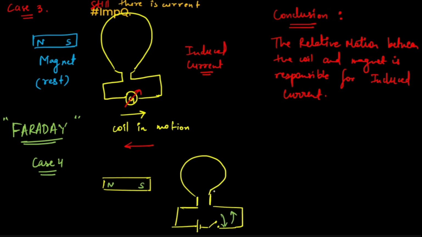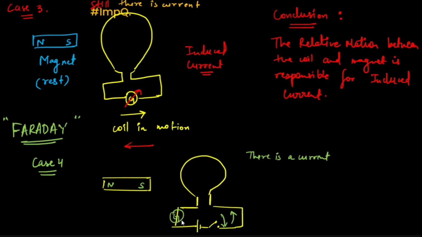that there is current, and this whole thing is connected to the galvanometer also in order to identify the current. Again, I told you about these two things, that there are two different components. One is the ammeter, the other is the galvanometer. The ammeter is a traditional device which we use to measure the current, whereas the galvanometer is a device which measures small magnitudes of current, like the microampere order.